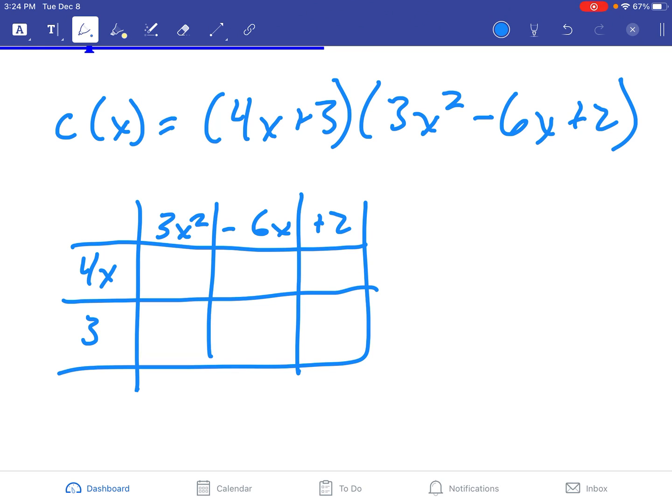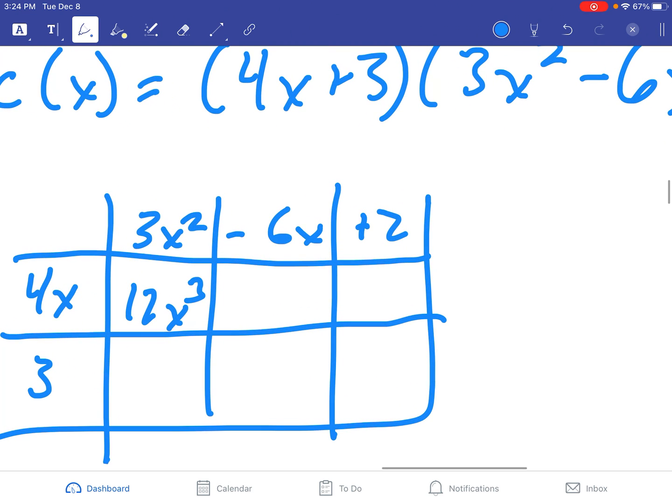All right, so we multiply things out. We have 12x to the third. We have negative 6 times positive 4 is negative 24x squared. I almost forgot the squared. 4x times 2 is 8x.